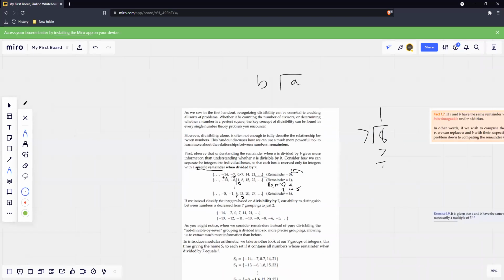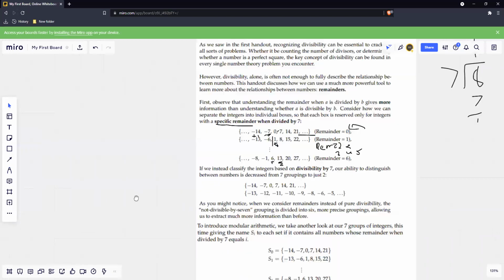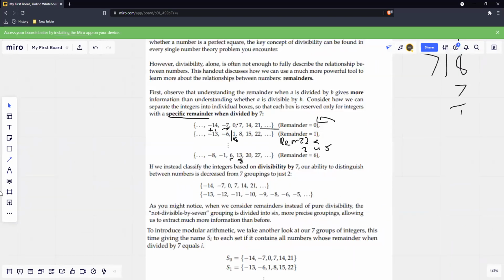If we classify only whether a number is divisible by 7, we only have 2 sets. It's not as informative as this.